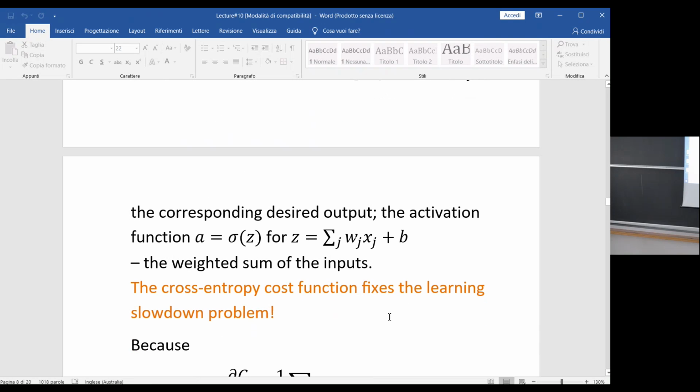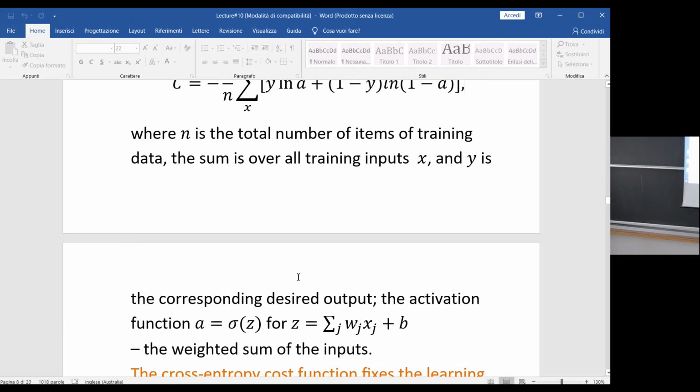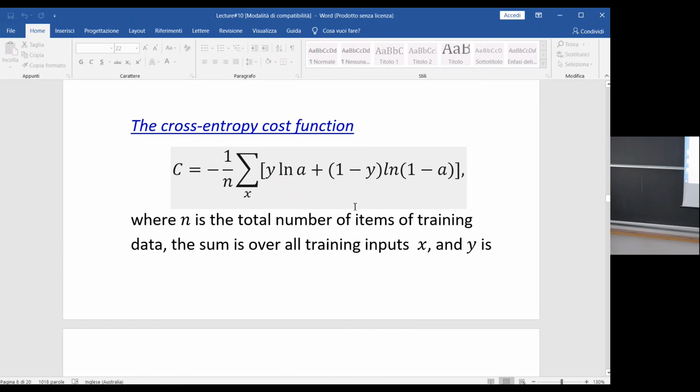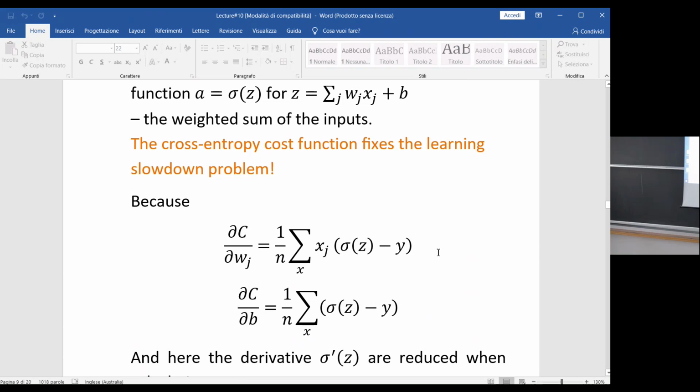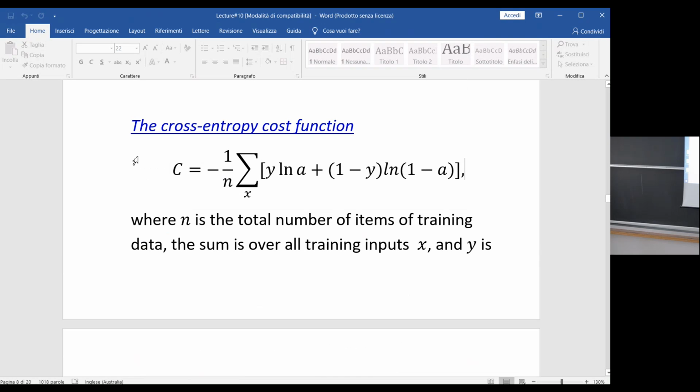So it has all the properties of a cost function, but there is one more property. By the form of this cost function, we can cancel the presence of the derivative of sigma of z, because we have this special function.